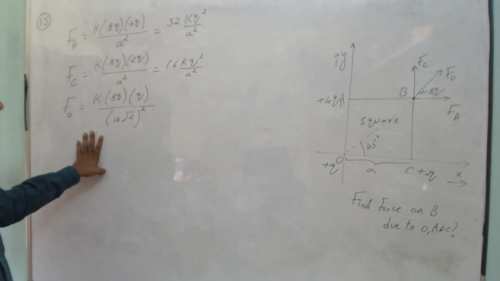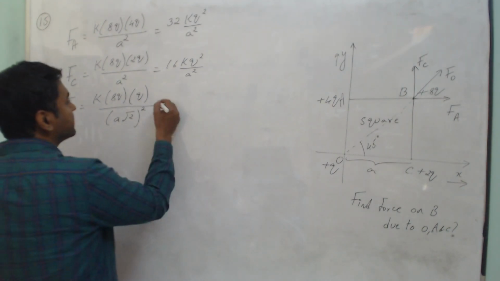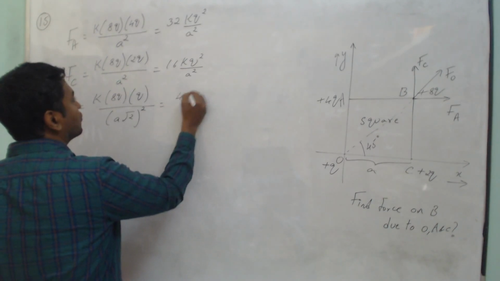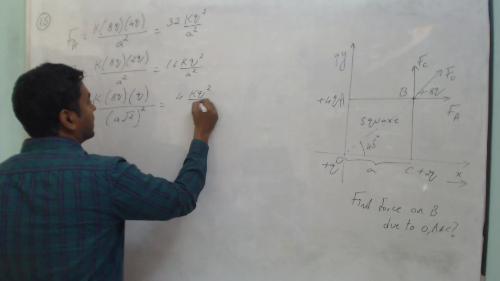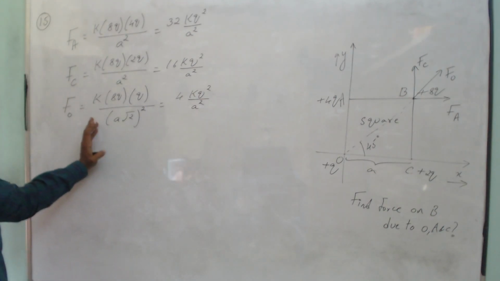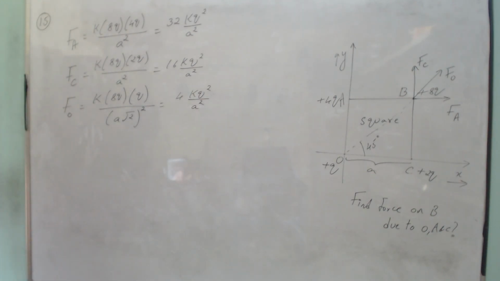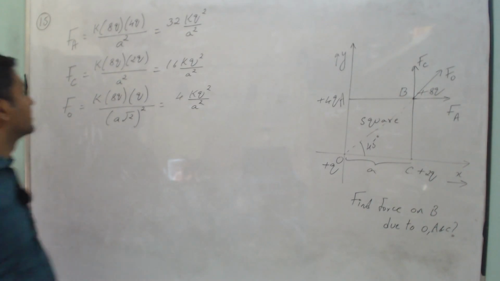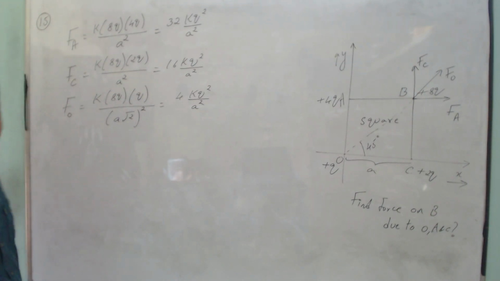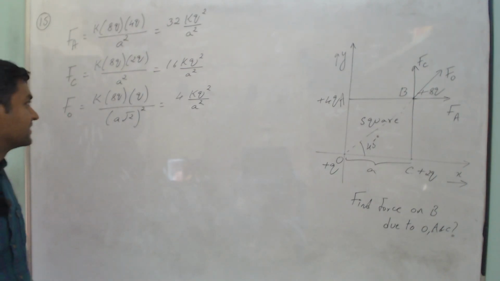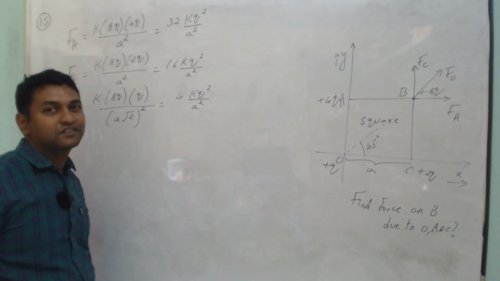So how much will we get this as? 4KQ square by A square. I don't have any root 2. Sir, you divide root 2 by 8. I mean 8 by root 2. Wait. Why should I divide? I did not take the square of the denominator. Thank you, sir.